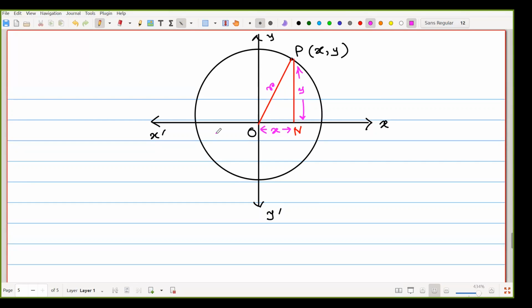So from the previous one, suppose here are the points A dash, B, B dash. Just one point we are writing here. That R is 1. That means the circle is with unit radius.